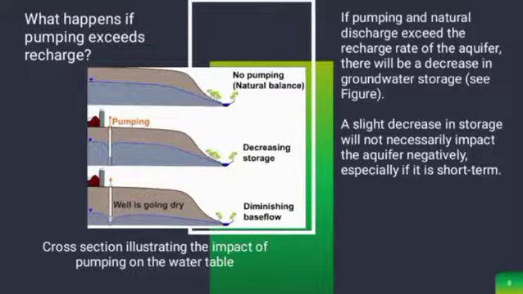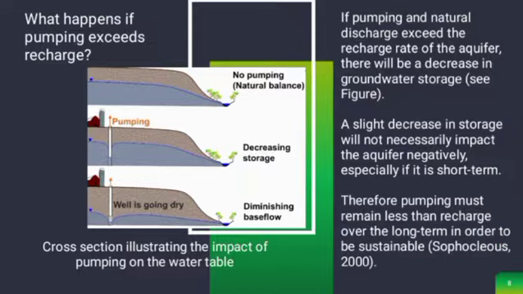However, if there is a continuous reduction of stored water in the aquifer, it could have an impact on humans, which is that wells would go dry. And for the natural ecosystem, of course, there will be a decrease in base flow to streams. Therefore, pumping must remain less than the recharge over the long term in order to be sustainable.